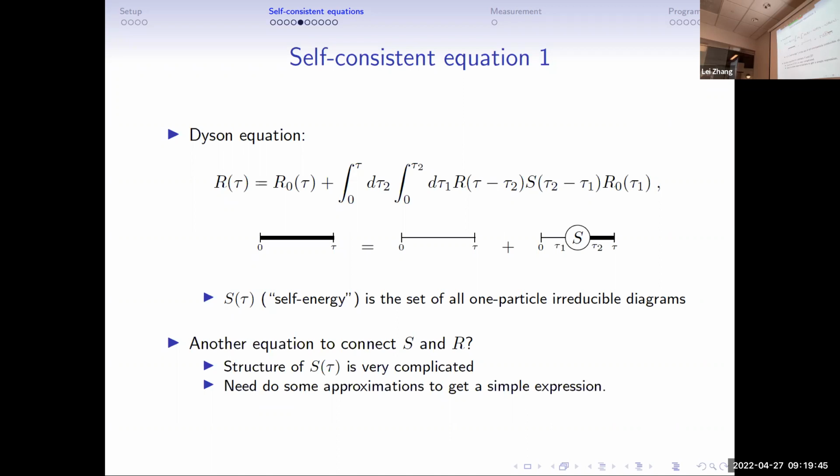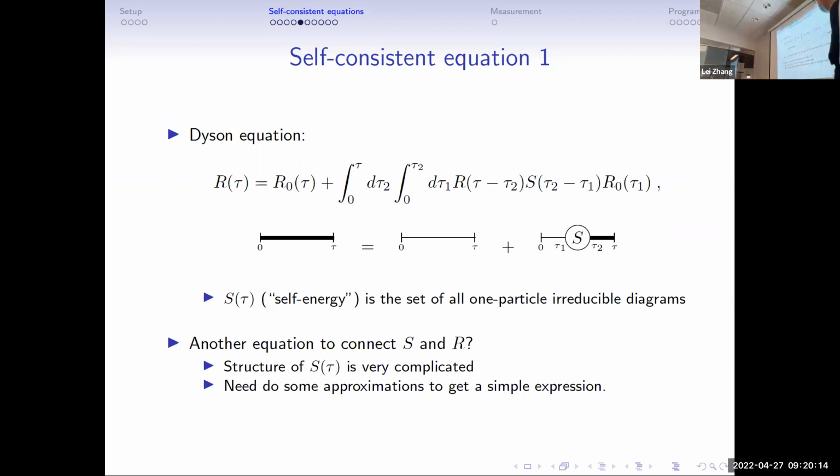And our question is, we want to find another equation to connect S and R again, so that we can iterate to get a convergent result. And we noticed that the structure of S tau is very complicated because it has many crossover points, so we need to do some approximations to get a simpler expression.